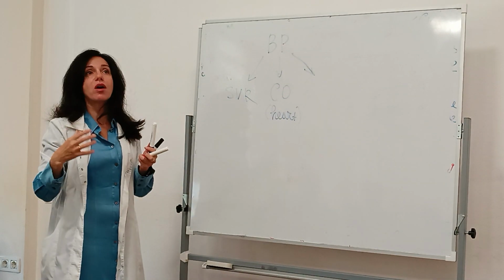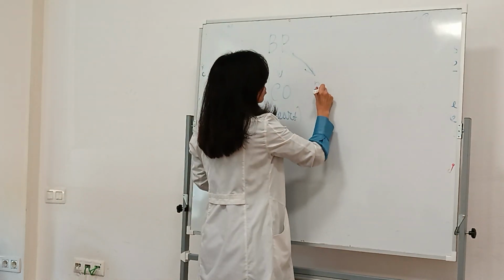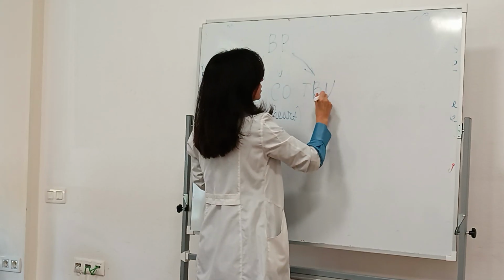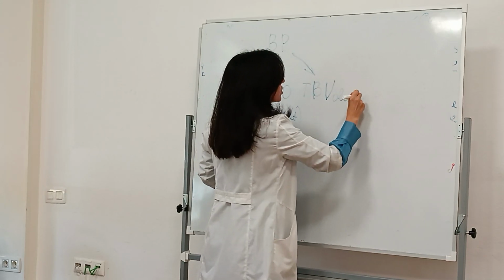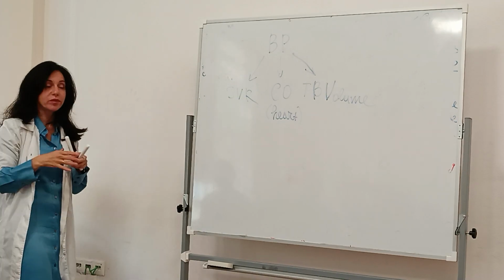It's the total amount of blood within blood vessels. Total blood volume is how much blood is inside our blood vessels in total.